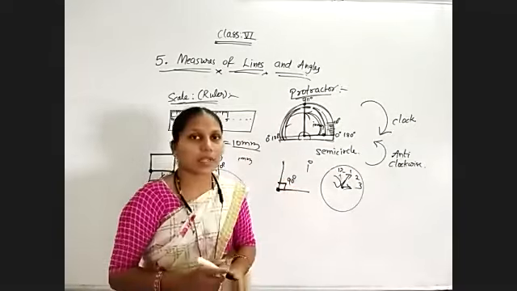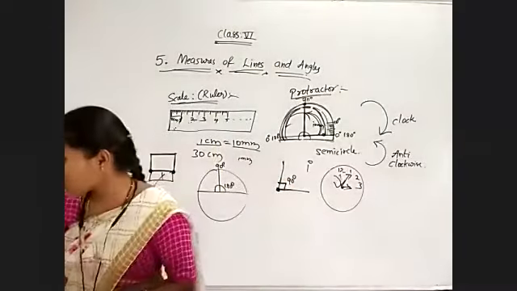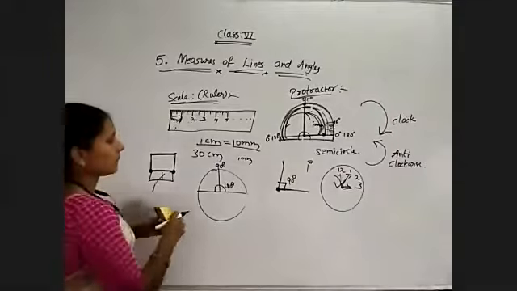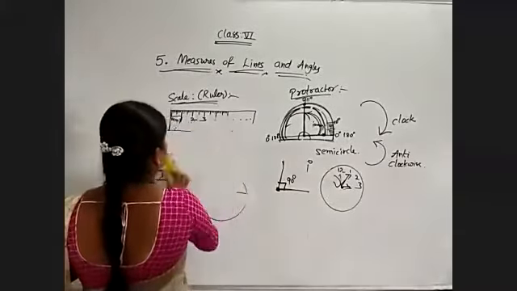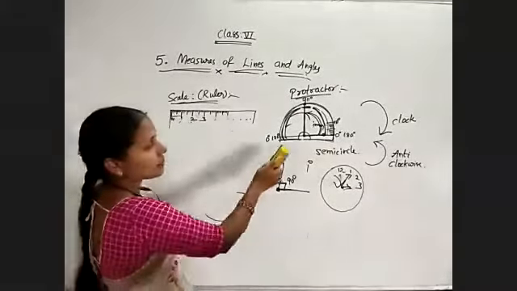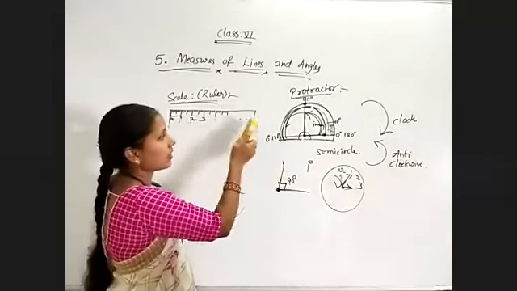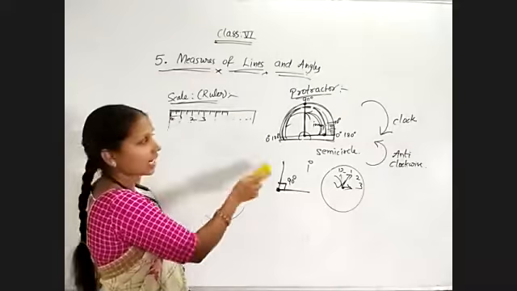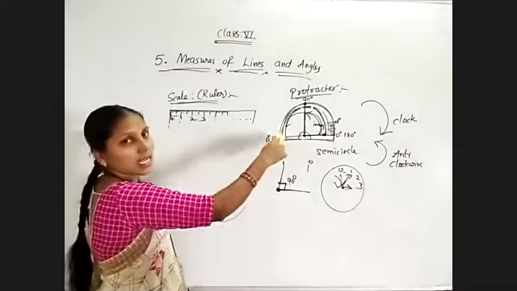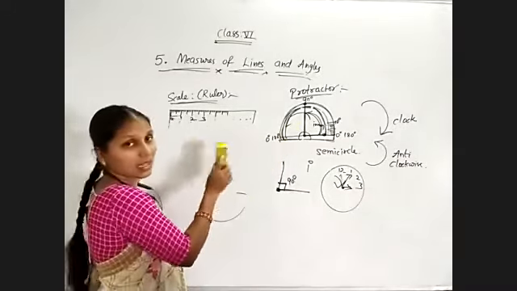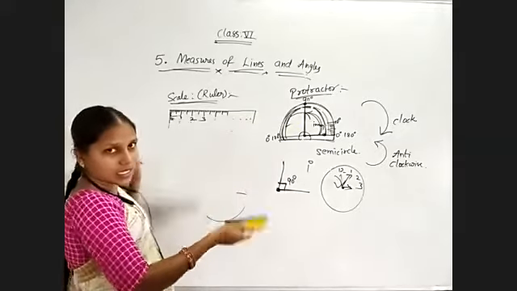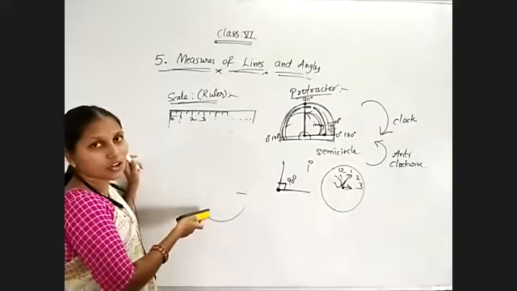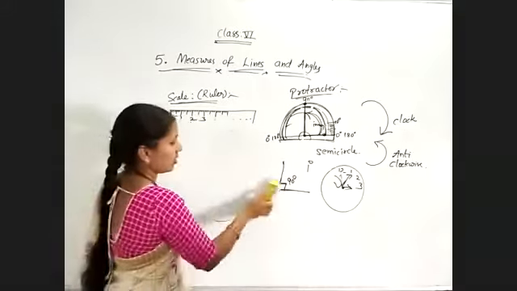And coming to the next topic, the next instrument. I'm telling what the different types of instruments are, where we are using them, and how the measurements are placed on them. Now, construction and all I am not teaching. Next, after finishing this topic, I'll teach that one.